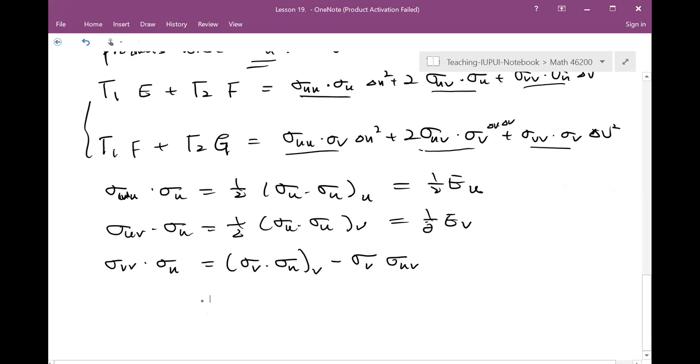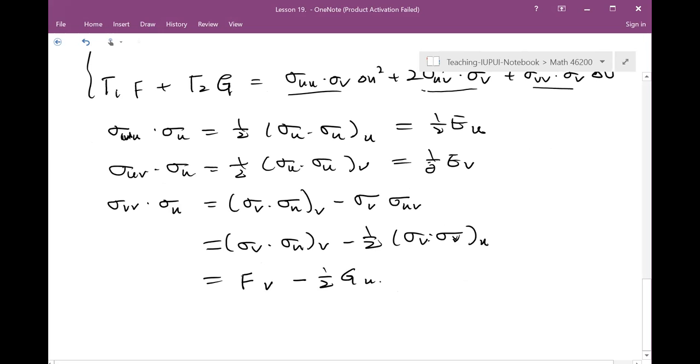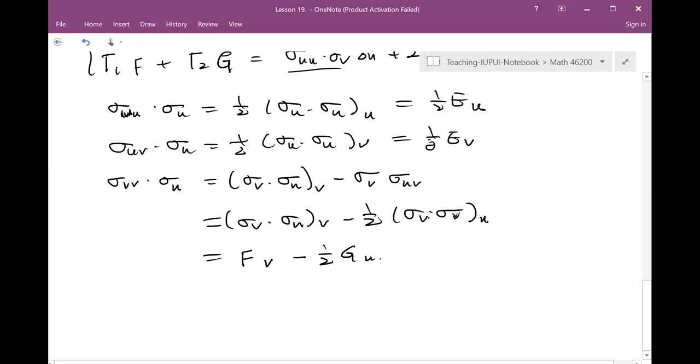Then I switch the order: minus sigma V dot sigma V, then U. So then you can get FV minus half of GU. So this is the only part that is a little bit more complicated. Anyway, those coefficients can be expressed as partial derivatives of the coefficients of the first fundamental form.